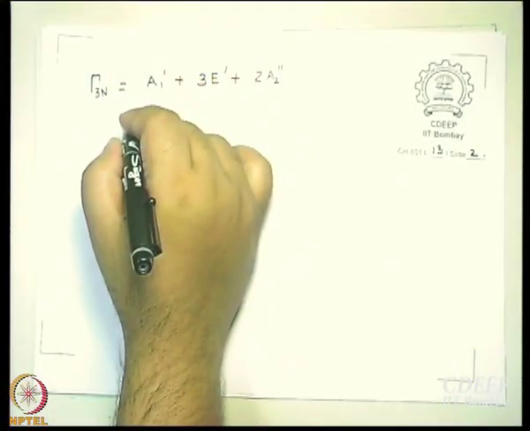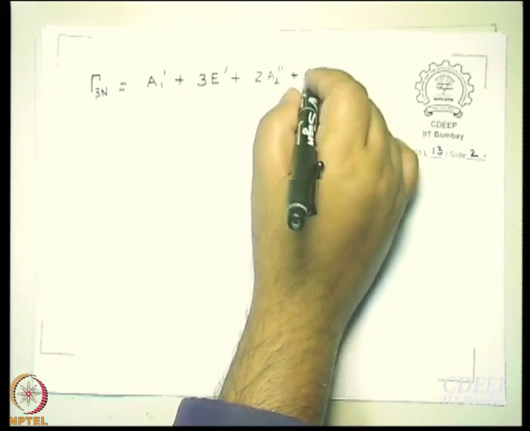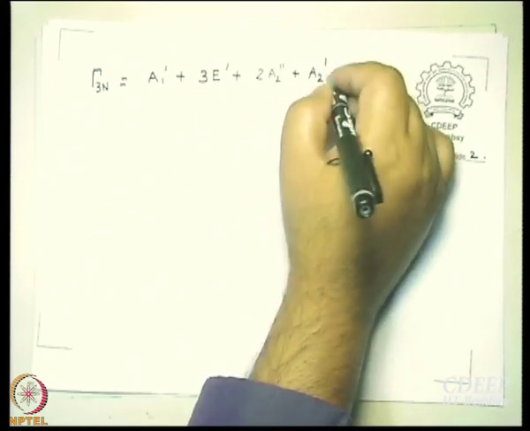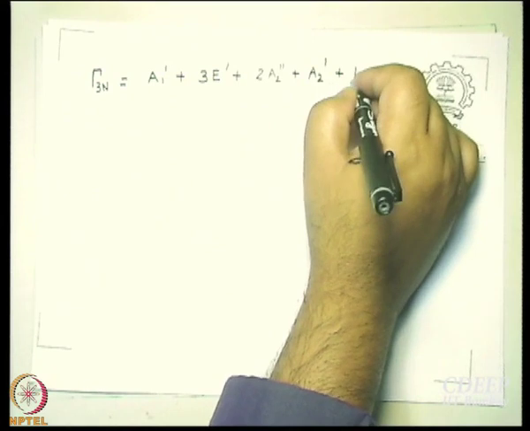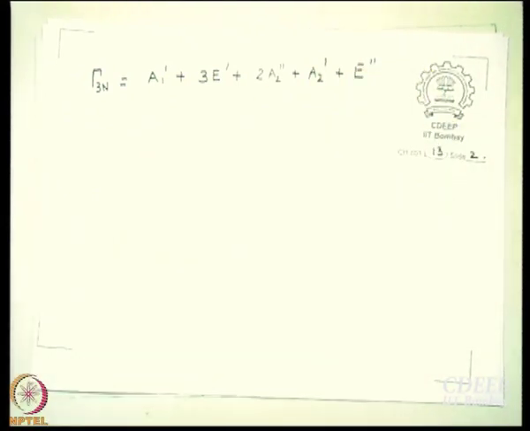A2 dash. I will just write the A2 dash here if you do not mind. So, if that is the case, then I should get 1 E double dash. You understand what I am doing, right? The dimensionality of the reducible representation should be equal to the sum of the dimensionalities of the constituent irreducible representations, right.